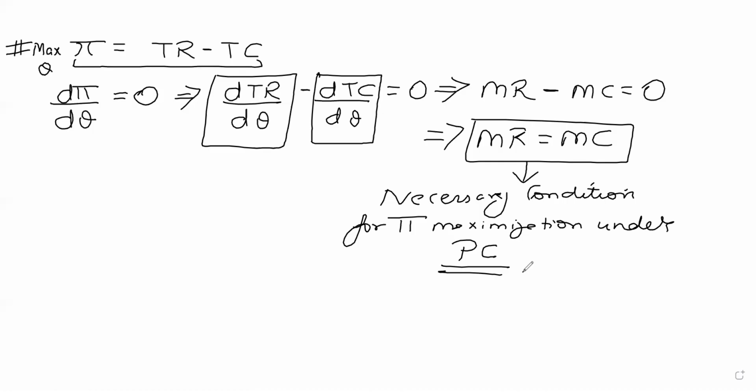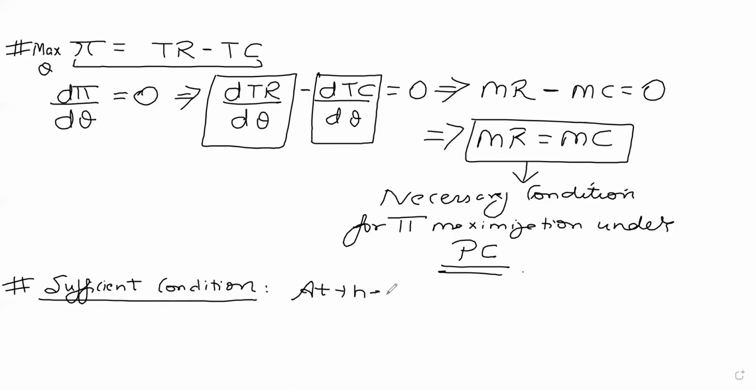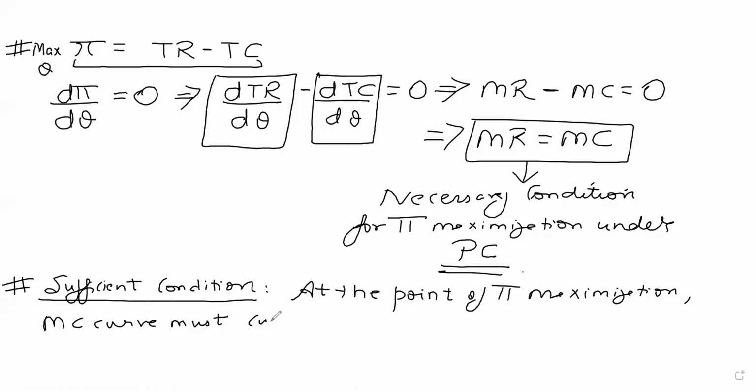And what is my sufficient condition? The sufficient condition is that at the point of profit maximization, the MC curve must cut the MR curve from below.